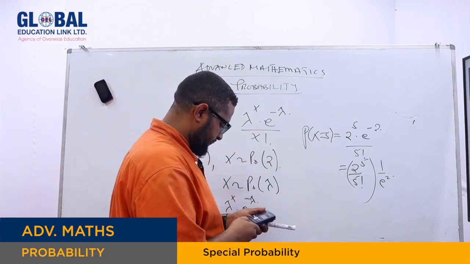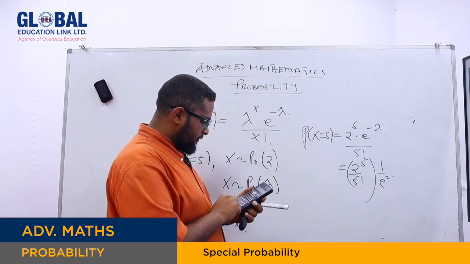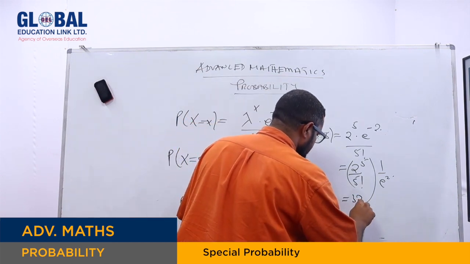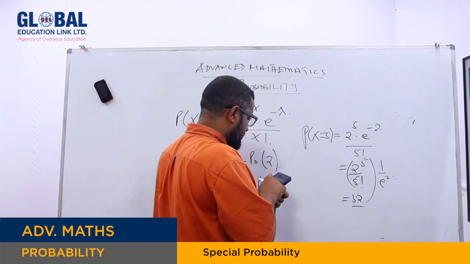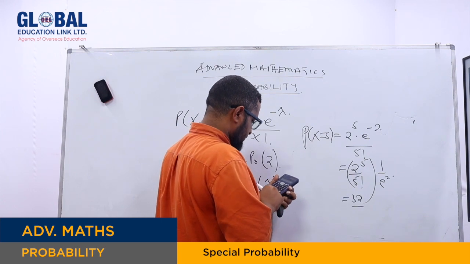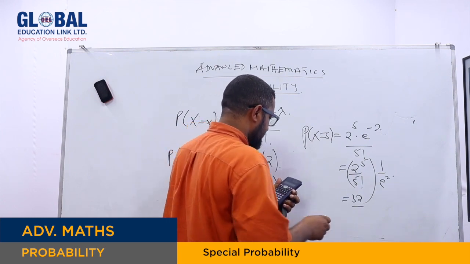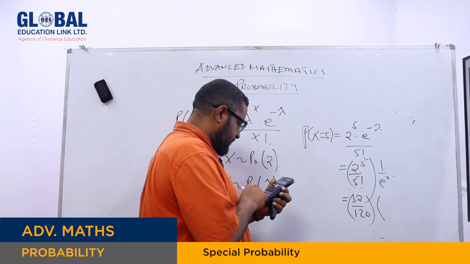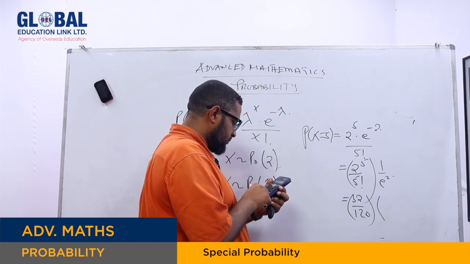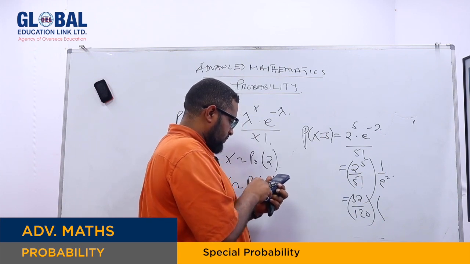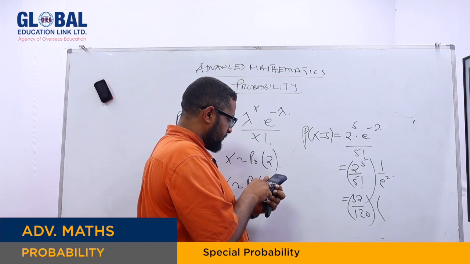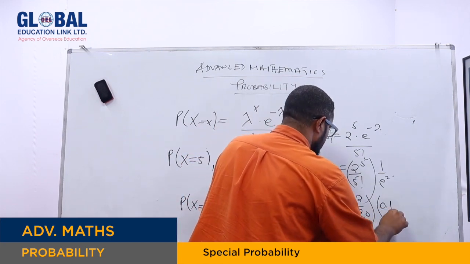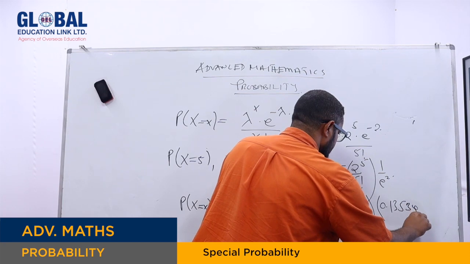From there, use your calculator, simplify. So when using calculator, 2 power 5 is 32, divided by 5 factorial, which is 120, times 1 over e square. 1 over e square is 0.13534.